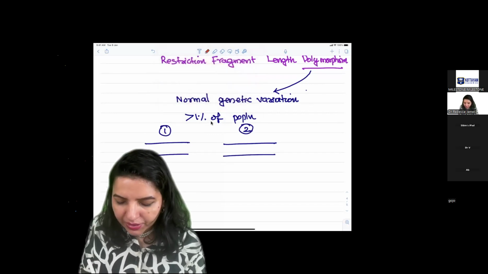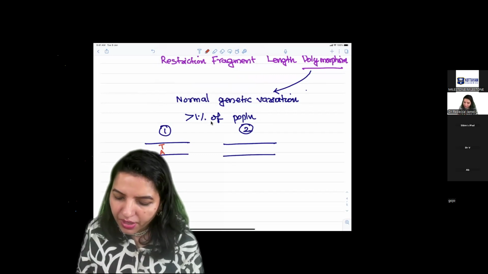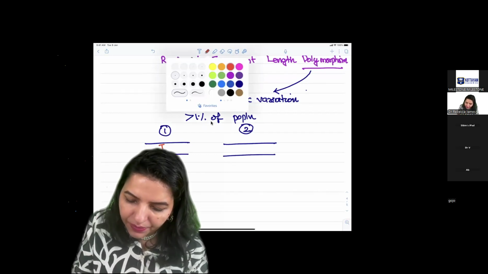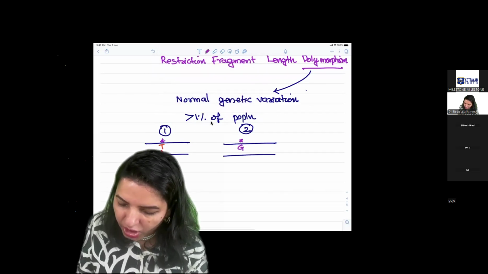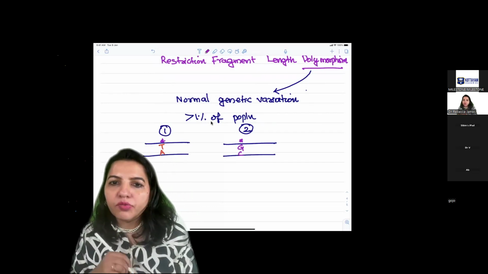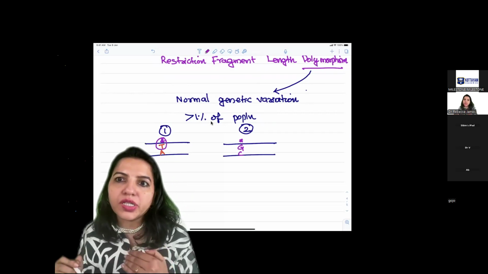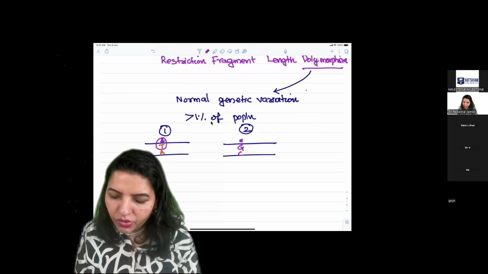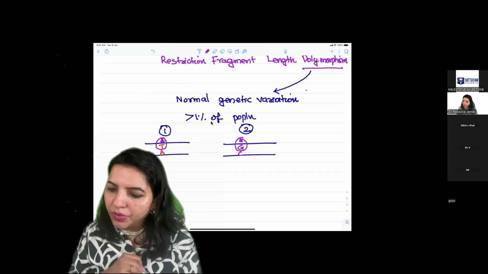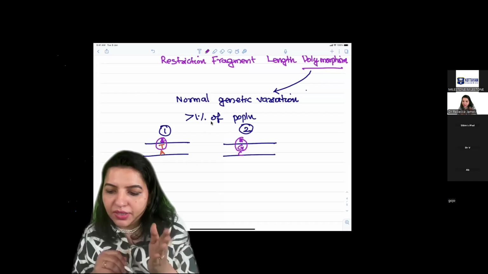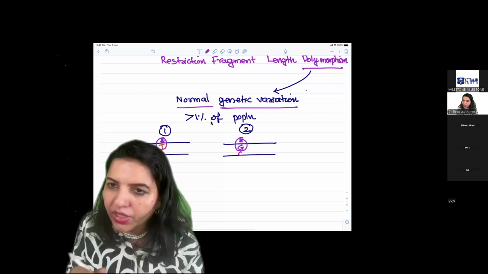In one person, TA is present. In another person, at the same time, same location, you can find GC, which means here the variation is, I'm not saying about the two strands, I'm just saying about one strand. So in one person it is G, in another person it is T. Is it abnormal? No. If it is present in more than 1% of population, it is a normal genetic variation.